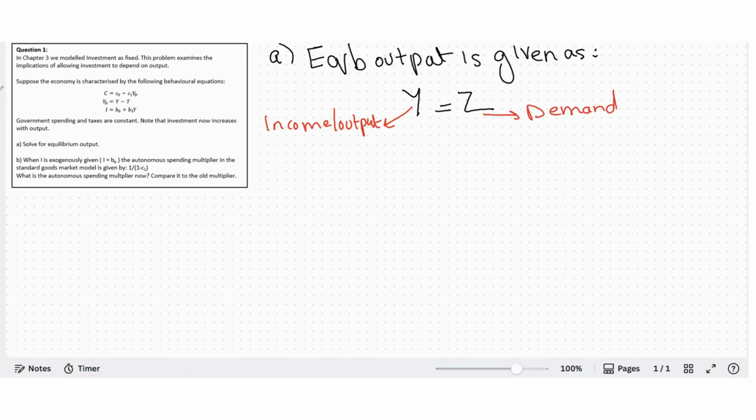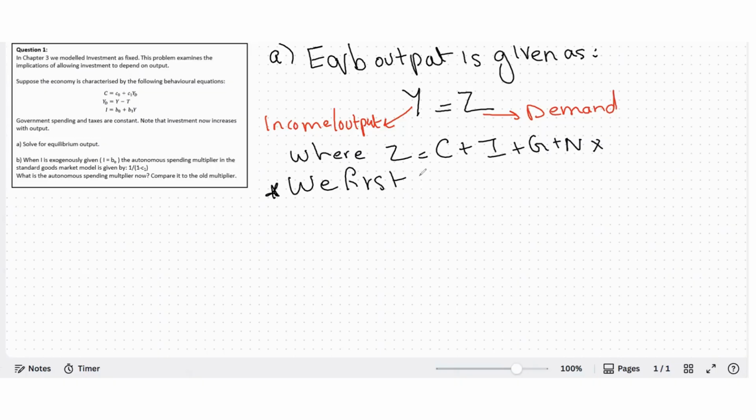So this is the goods market equilibrium condition in the goods market model. Now we know Z, where demand is C plus I plus G plus NX. So now we first need the demand function Z.